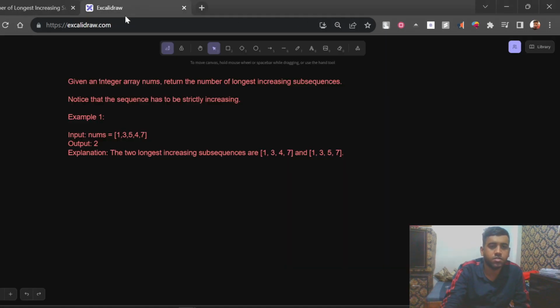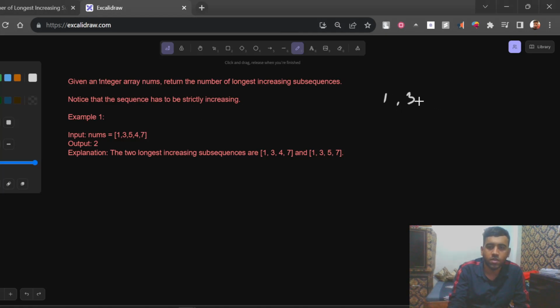So let's just look from the surface at 1, 3, 5, 4, 7. The first one is going to be this one, and this is the longest. This is increasing as well, but 7 is coming down, so we can just avoid it. So this, and this.